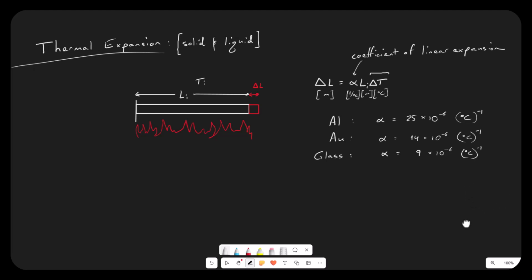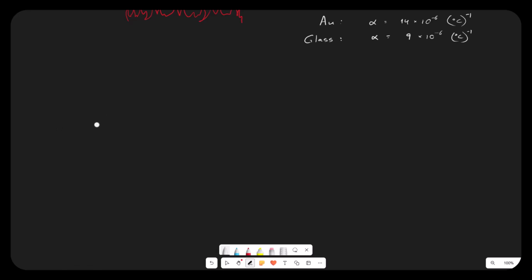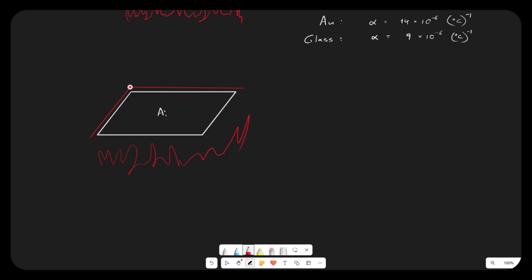If we are looking at a solid plate, like this maybe, and this has some initial area, and we heat this thing up, then this thing is going to get just a little bit bigger. Right, we're going to get this little increase in area.